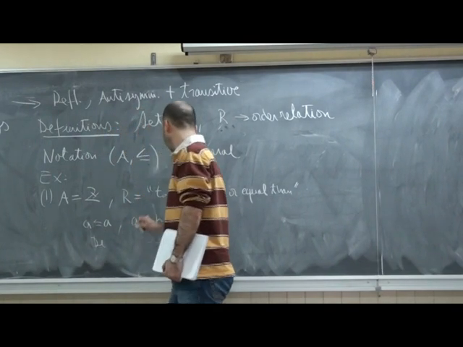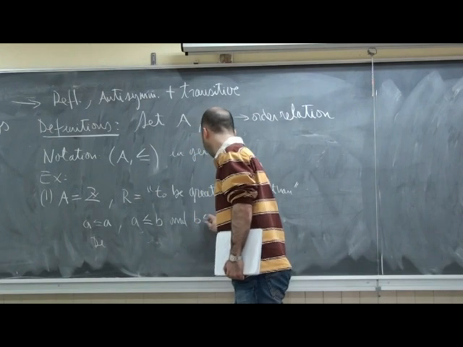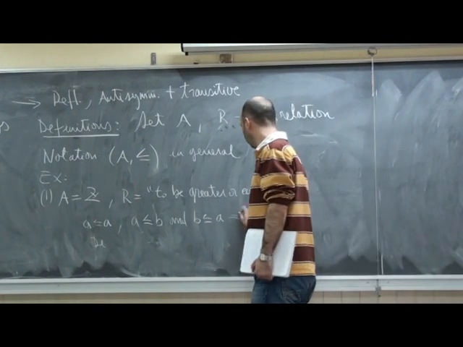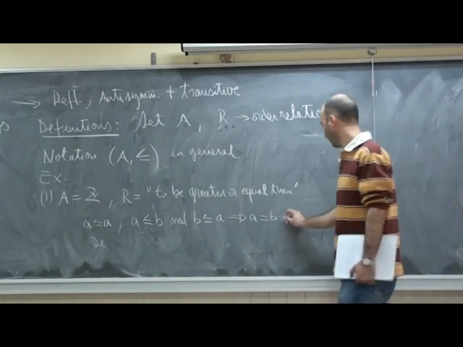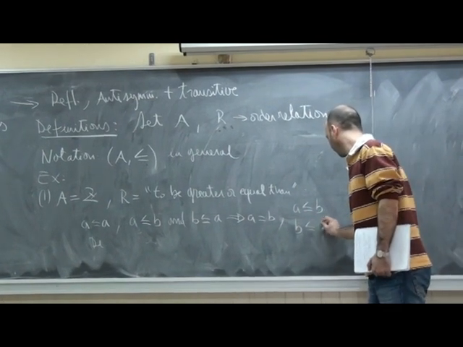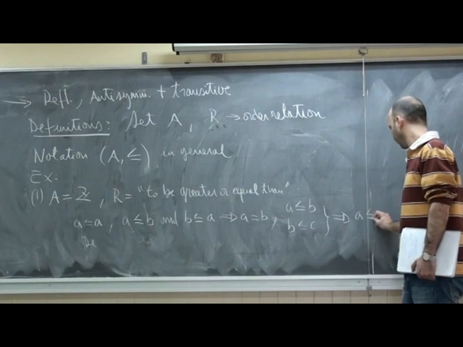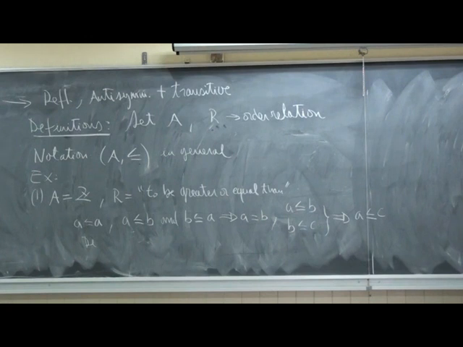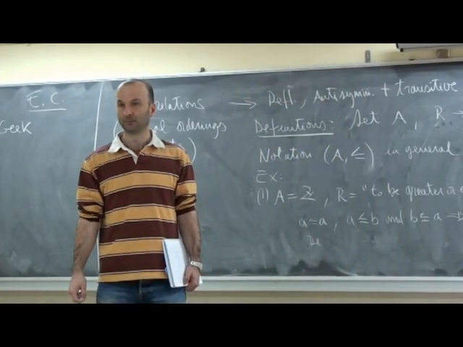If A is less or equal than B, and B is less or equal than A, the only possibility is A equals B. And finally, A less or equal than B and B less or equal than C always implies A less or equal than C. That's very easy. Maybe I'm insulting your intelligence, or maybe not.